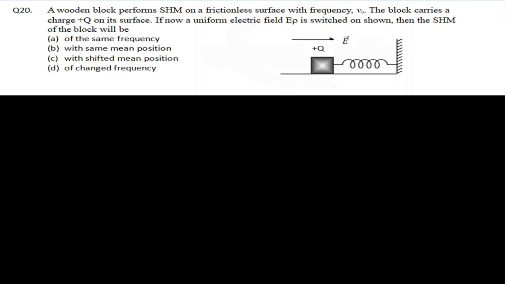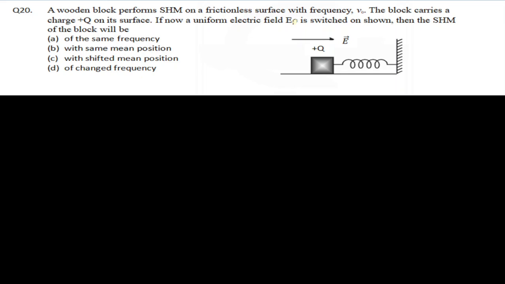If now a uniform electric field E is switched on as shown in the figure, then the SHM of the block will be of the same frequency, of the same mean position, with a shifted mean position, or a changed frequency. Okay, so what has been asked in this question?